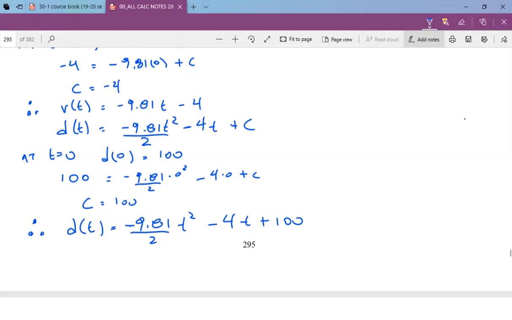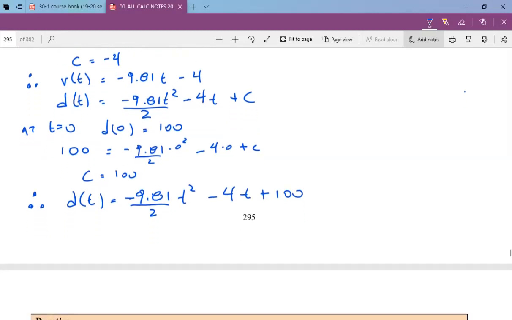So just to look at this, because you've seen this before in science class or in physics class, half of negative 9.81 is your negative 4.9, and your coefficient of negative 4 is your initial velocity, and your last constant term, that plus 100, is your starting height.